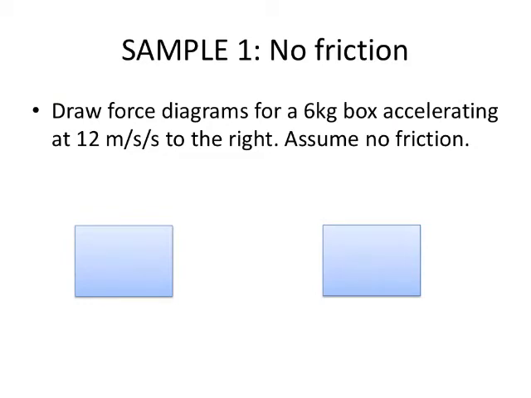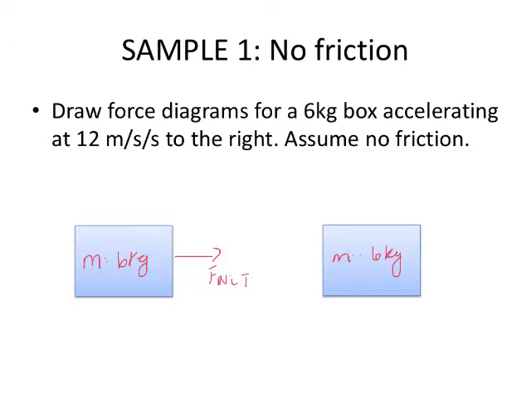So first example is draw force diagrams for a 6 kilogram box accelerating at 12 meters per second squared to the right. Assume no friction. Alright, so I'm going to start by letting myself know that the mass of both of these is 6 kilograms. Alright, we know that the box is accelerating to the right, so I'm going to draw my F net box first.